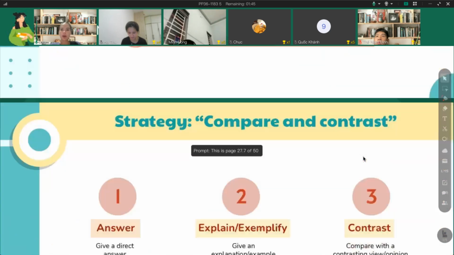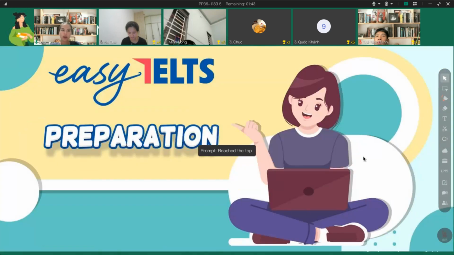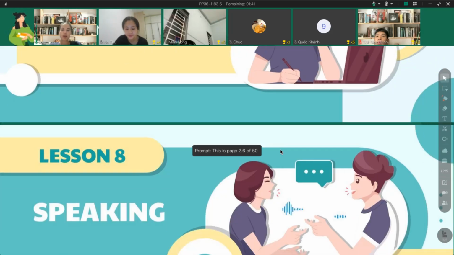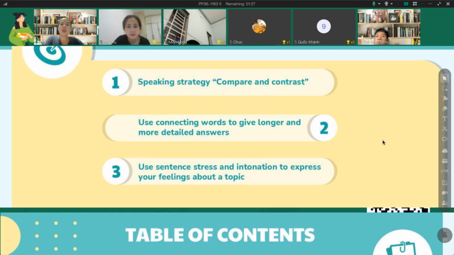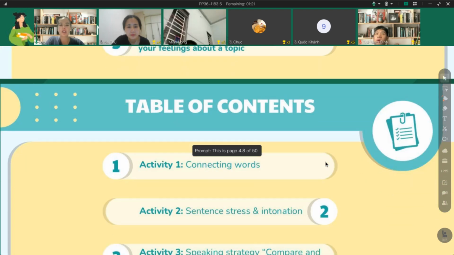Okay, I just quickly want to run through our objectives for this lesson. We wanted to look at speaking strategy, comparing and contrasting. Number 2, use connecting words to give longer and more detailed answers. Number 3, use sentence stress and intonation to express your feelings about a certain topic or question.